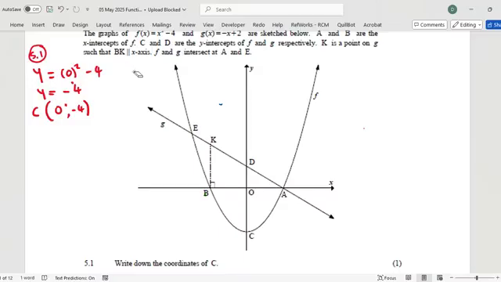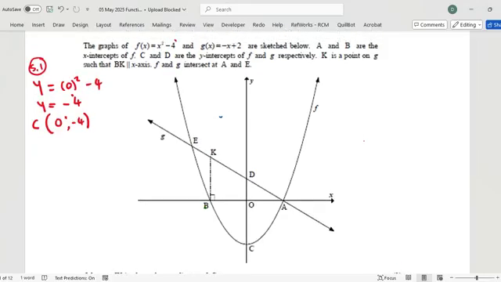So my question again: are we going to use the F graph to find the coordinates of D, or the G graph? G graph. Why should we use the G graph, not the F graph? Because D is on the straight line graph. Thank you. And the straight line graph is the G graph.